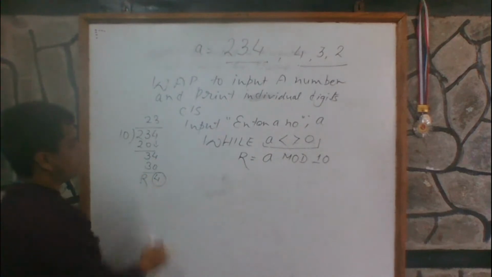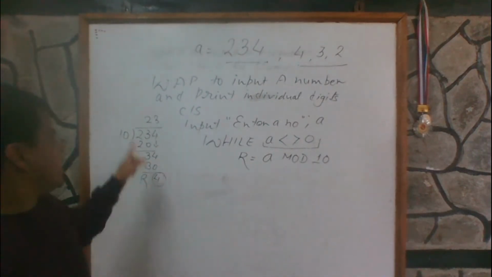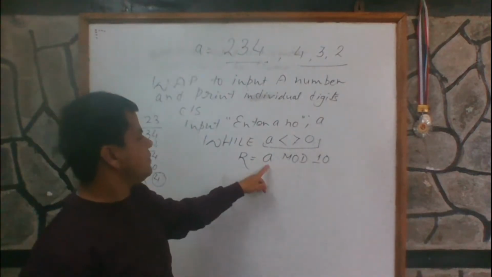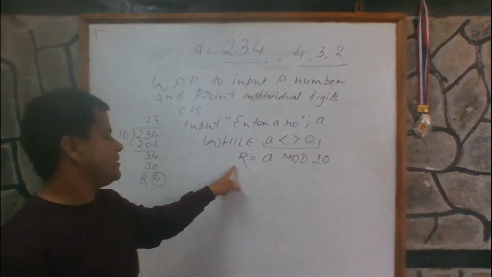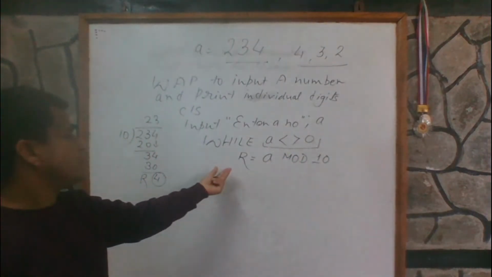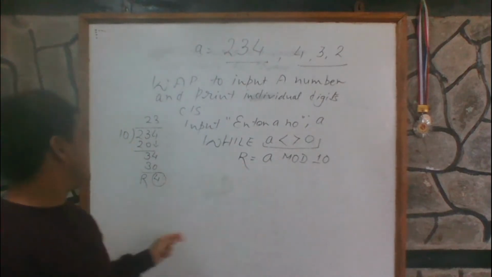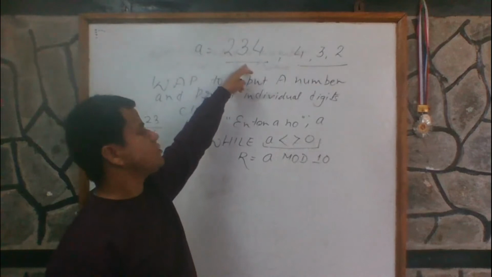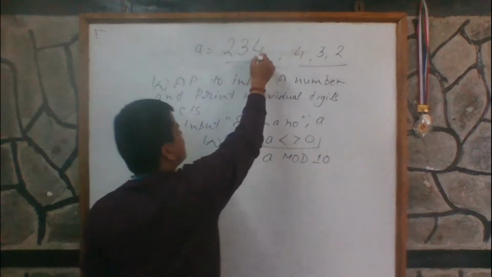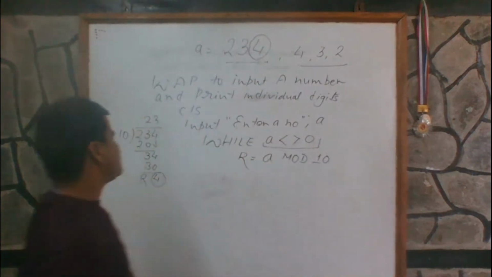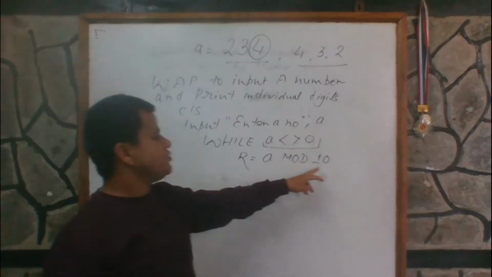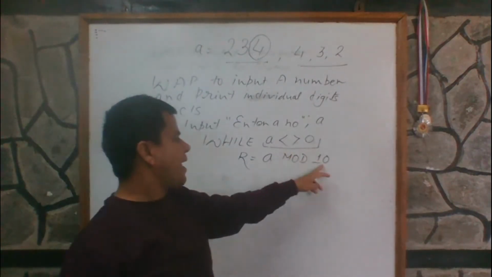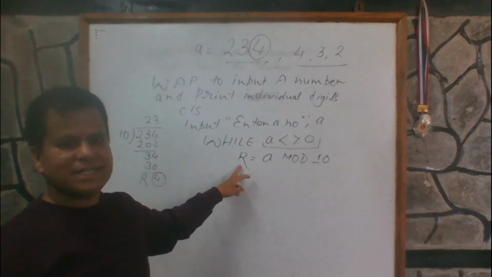What is the remainder? 4. If we divide that number by 10 and calculate the remainder, the remainder is 4. For example, if the value of A is 234, the last digit is the remainder when you divide the number by 10.